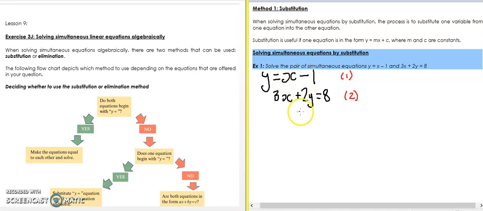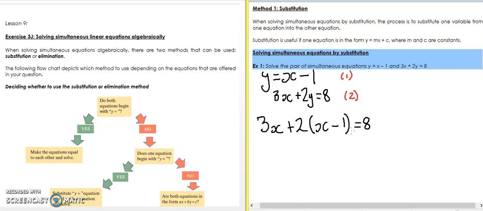And the reason why we want to do that is I want a new line that only has one variable in there, namely the variable x. Okay. So what I'm going to do is I'm going to write the next line, 3x plus 2. Then anywhere I see a y, I'm going to replace it with x minus 1. So in here, I'm just going to write x minus 1, close that bracket, and that's equal to 8.